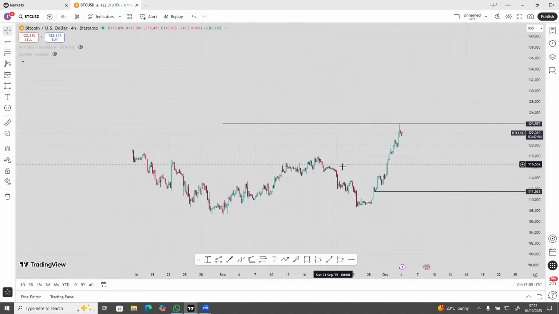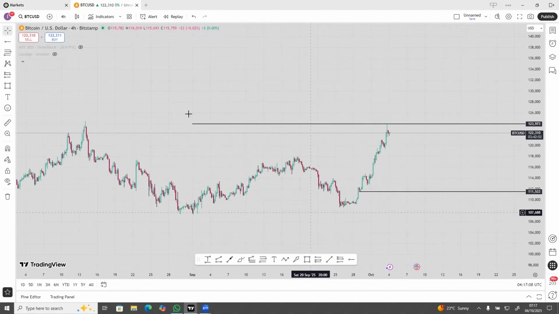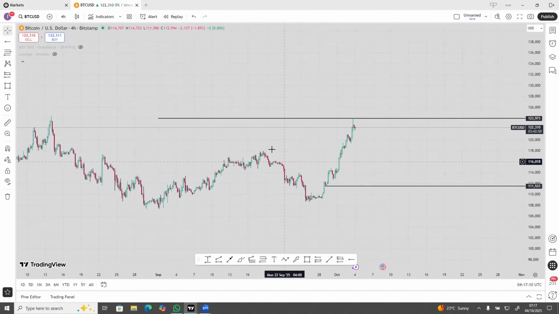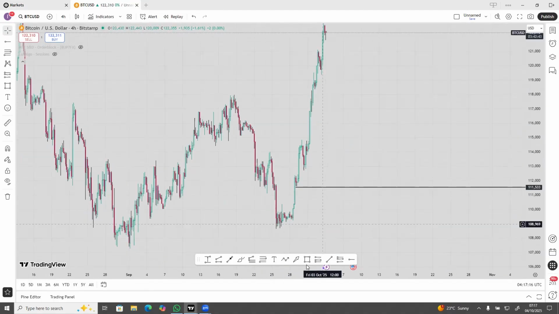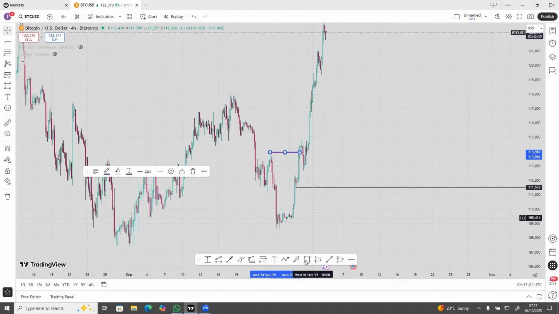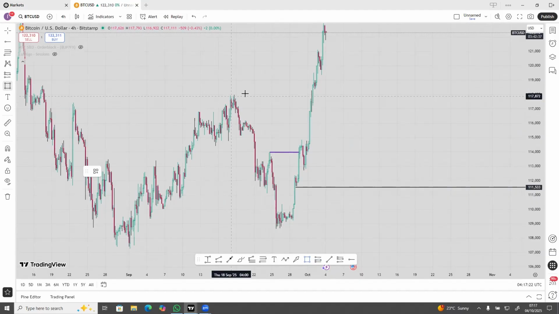On 4 hour, what detail is available? We have a shift here. Let us extend this market. Down here, you have a structural market shift, and we have a break of structure, which means continuation.